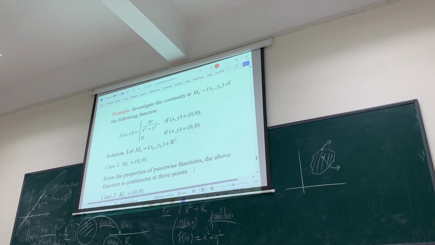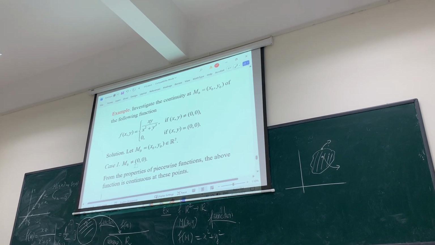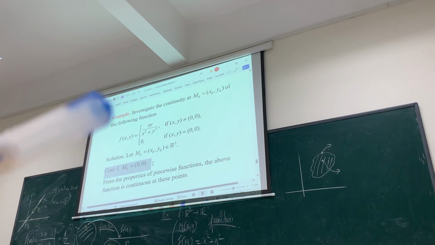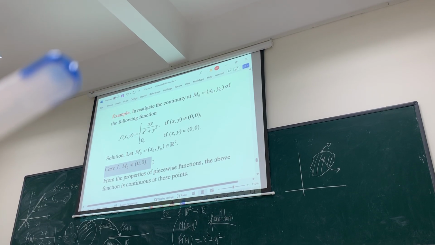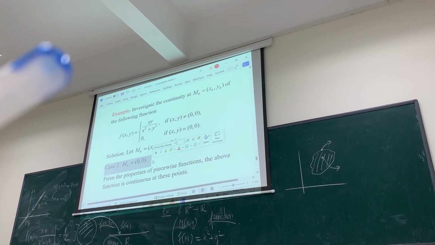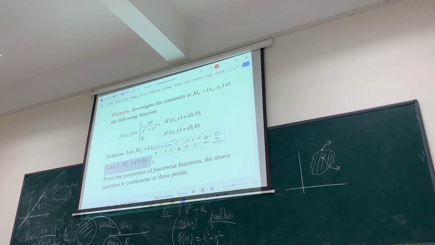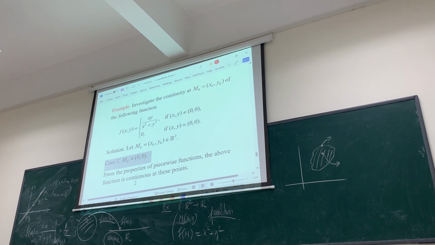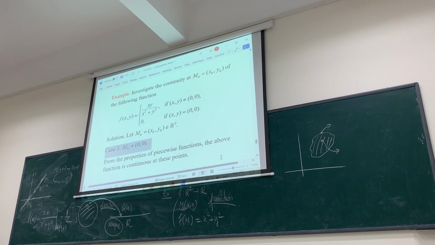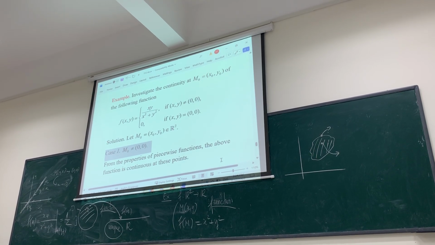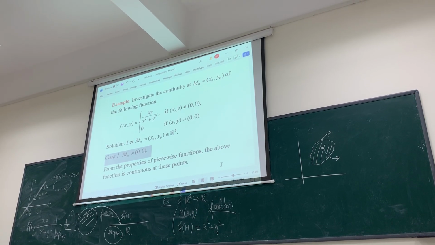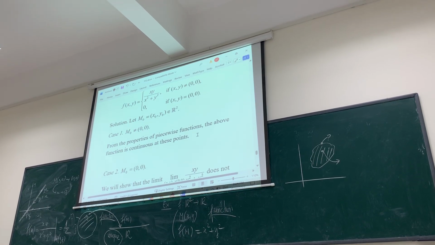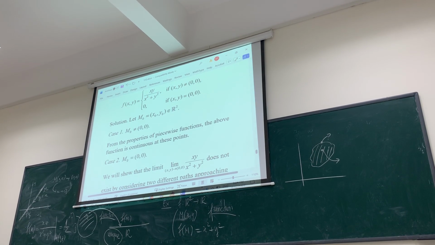In the first case, if M0 is not the junction point, by the property of this elementary function, the function f is continuous at this point. You can finish the first case. To continue, the second case.